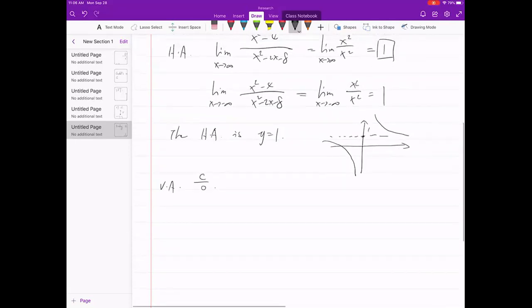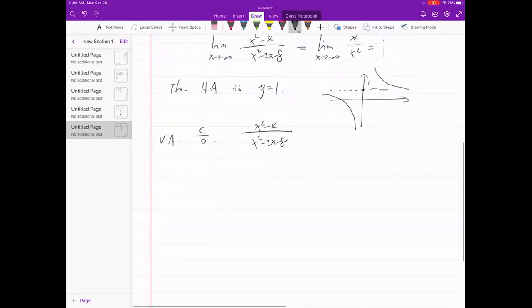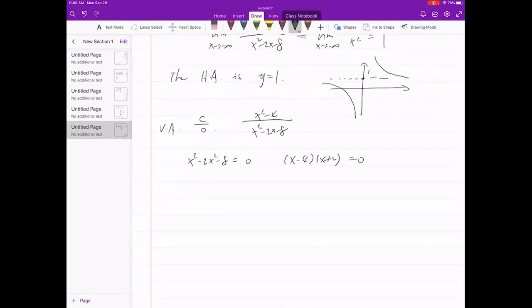So the first step you should do is take this one and set the bottom to be 0. Once you have that, you have 2 possible candidates.